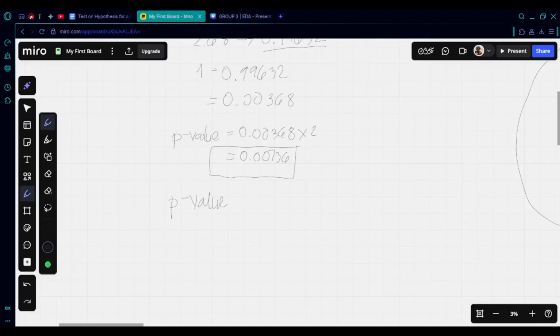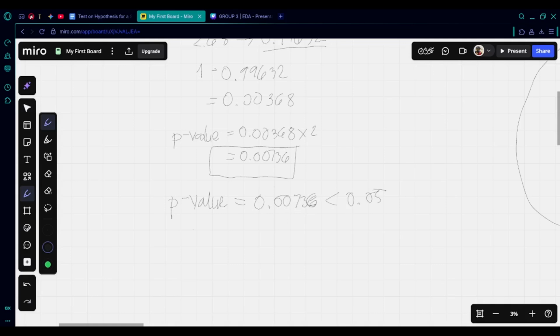So we have here, since the p-value is 0.00736, obviously this is less than 0.05, since we have a lesser value. So what do we mean by that?